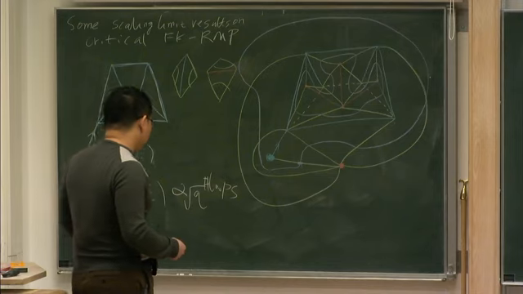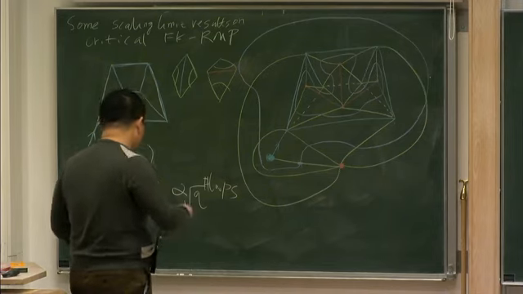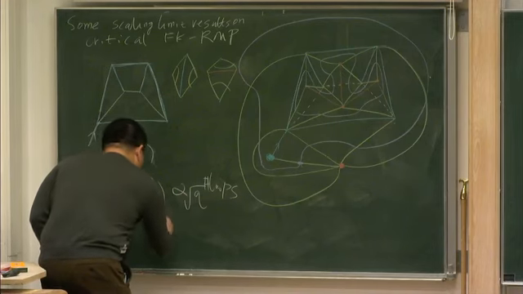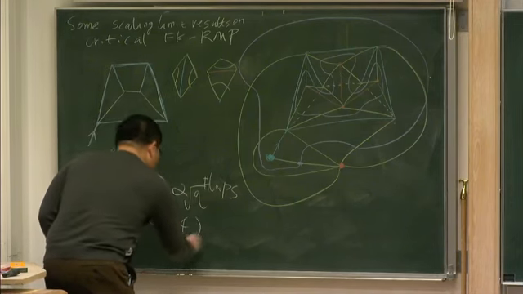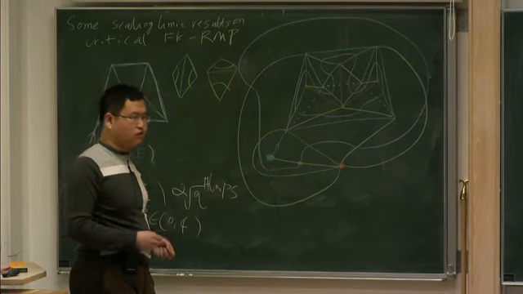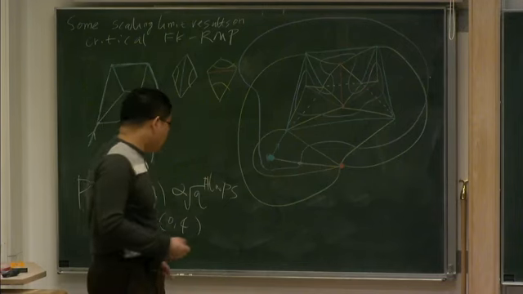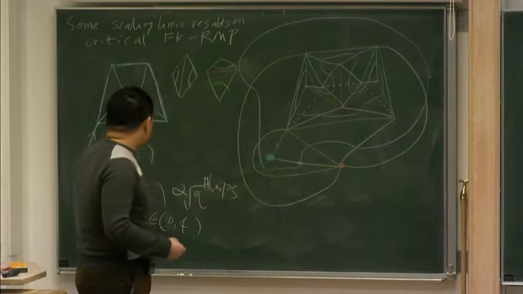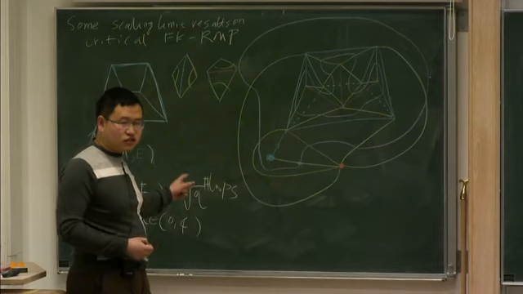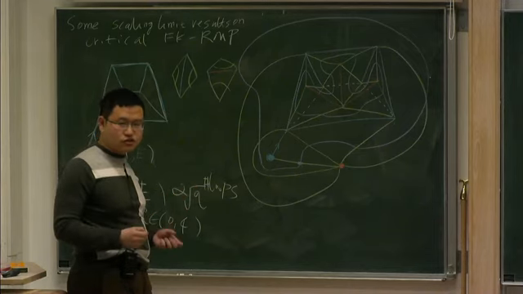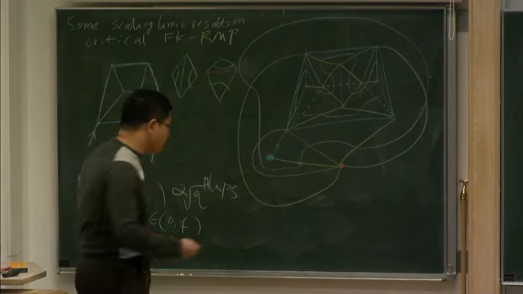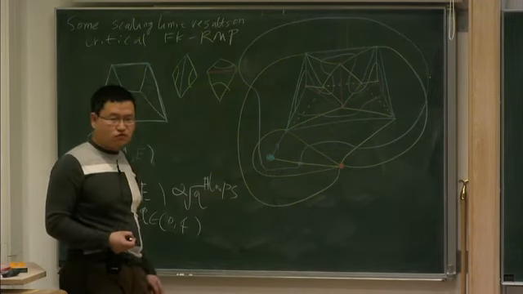Okay, so in my talk, I will only focus on the case where Q is between 0 and 4, because as already mentioned in Jason's talk, in this range, this FK cluster model on top of random planar maps has a close relation to CLE kappa on top of a Liouville quantum surface.